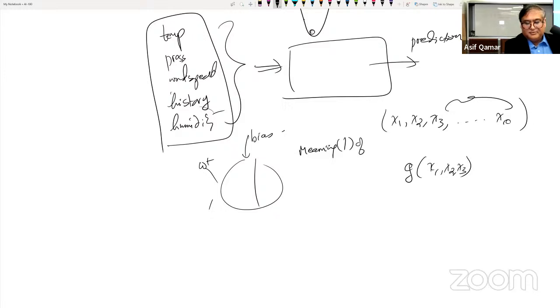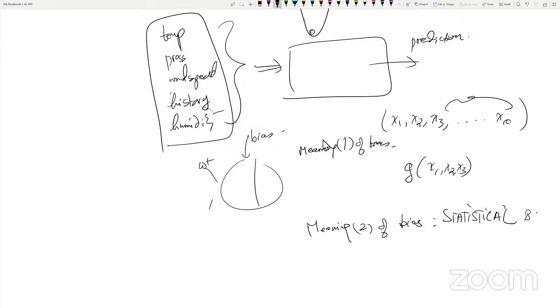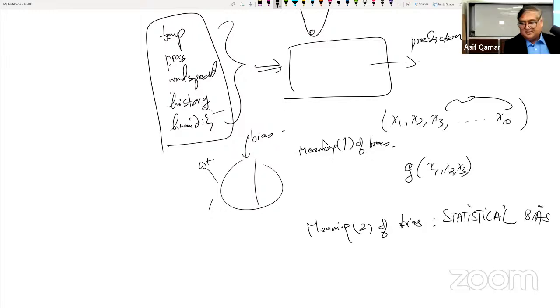Meaning two of bias, completely different, is the statistical bias. Bias errors happen when your model is too simple. The G that you learn is too simple. It doesn't capture the complexity of the real world, the data.